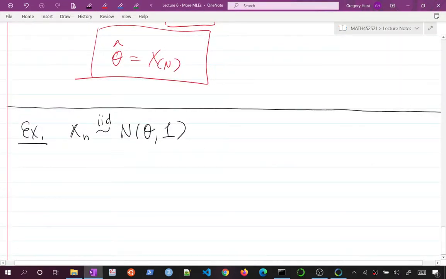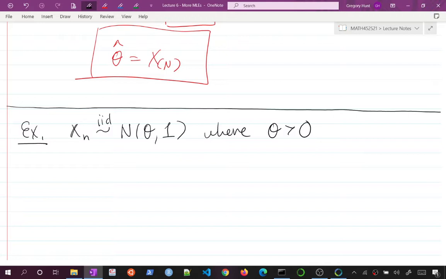But for example, I could give you a problem and say, let's assume that I have data from a normal distribution, but maybe I know my mean has to be positive. It's a bit of a contrived example, but you could imagine a situation where you have some prior information that tells you that this thing has to be positive, right?